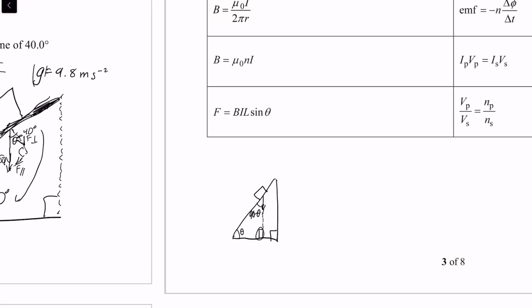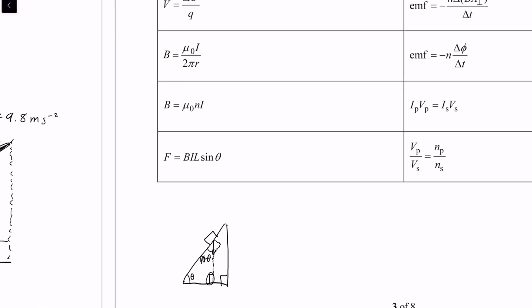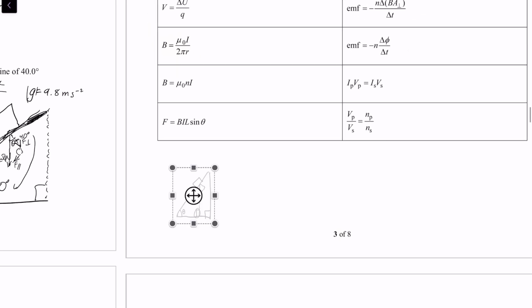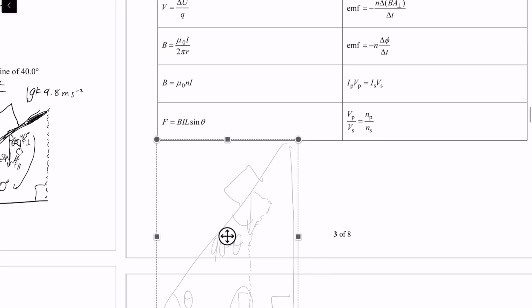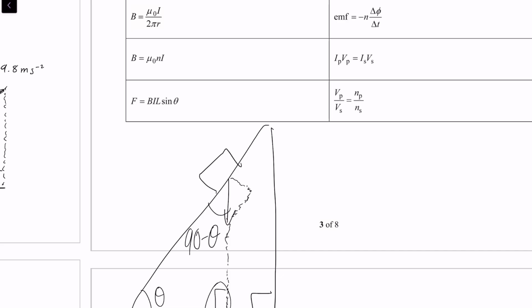Then this smaller triangle I'm making here, I know this is a right angle, and this entire line, in red, is 180 degrees. Sorry, this entire angle is 90 degrees.